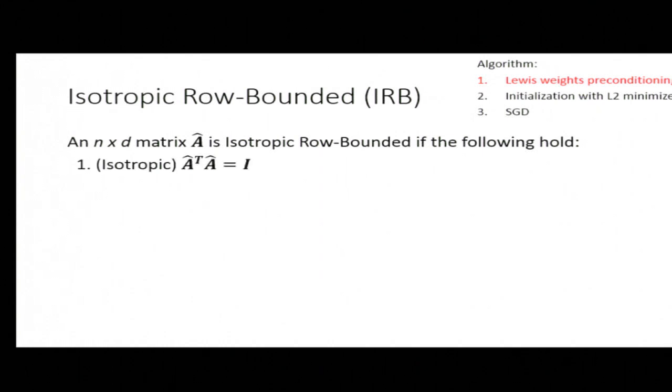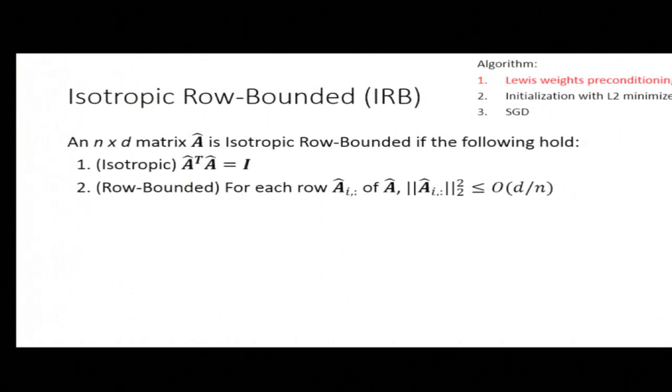A tilde is isotropic, and also the rows are bounded, namely, the two norms of the rows are all bounded by square root d over n. So these two properties are important for stochastic gradient descent, which I'll show in two slides.